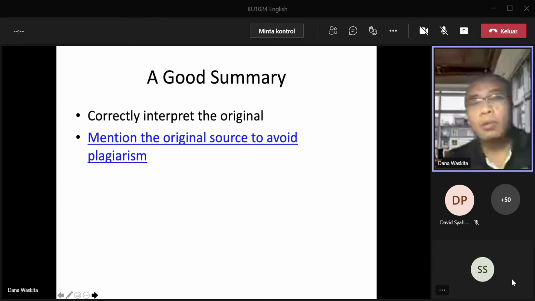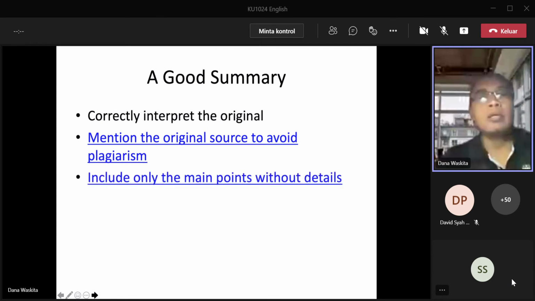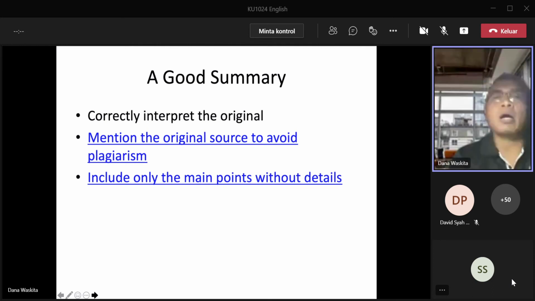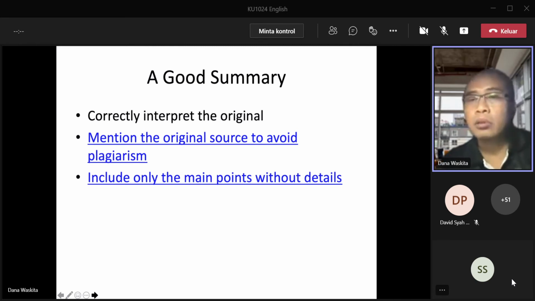And then another one, in writing a good summary, you also write only the main point or the main idea, yeah, the main points, without any details like examples.